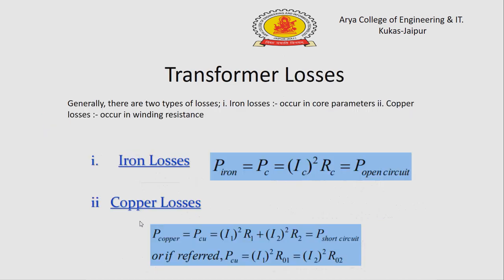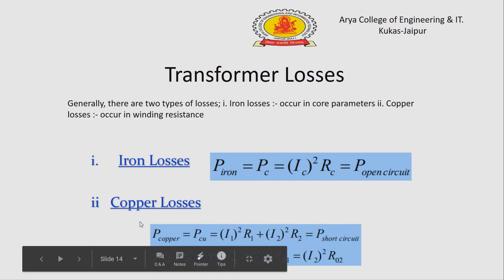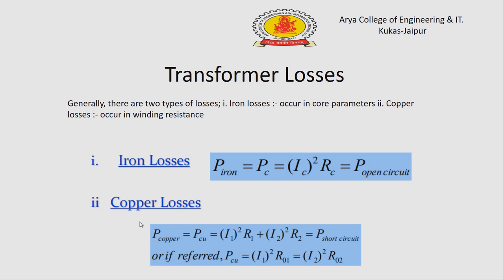Now the transformer losses. Generally there are two types of transformer losses. First is iron losses, which occur in the core, and second is copper losses, which occur in the winding resistance. We can denote the iron losses as P iron equal to PC equal to IC the whole square multiplied by RC, equal to P open circuit.